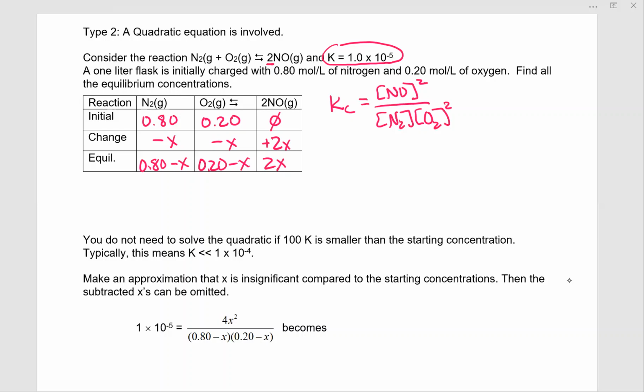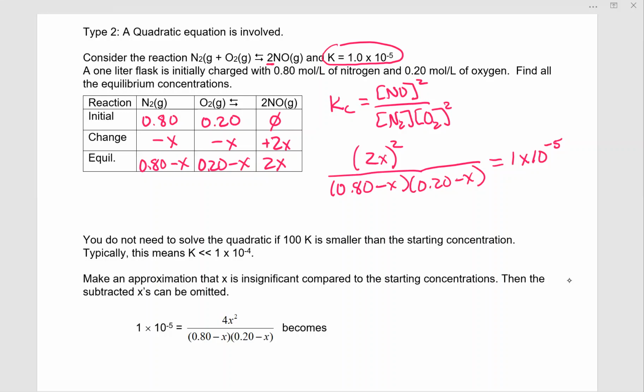And this is going to be equal to 2x squared over 0.80 minus x times 0.20 minus x. And all of this is equal to 1 times 10 to the negative 5th. Yes, I know I'm dropping off the trailing zeros just to keep things looking tidy, but I will go back and take them into account at the end.